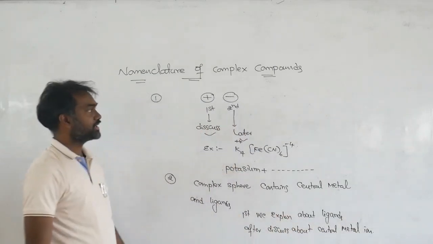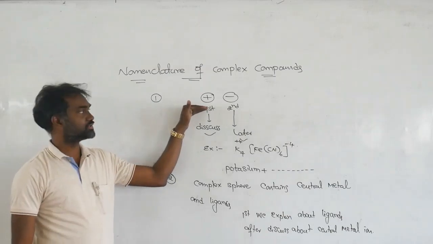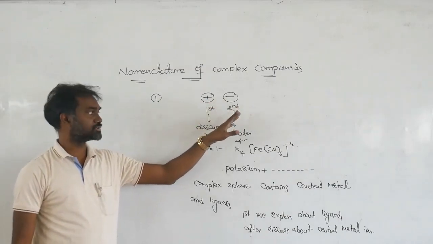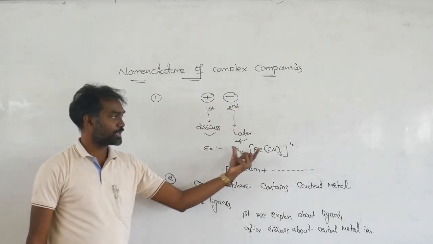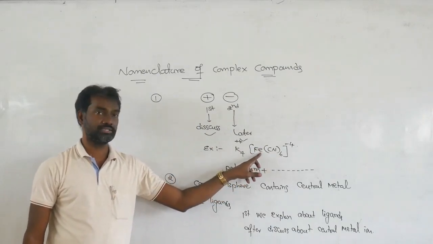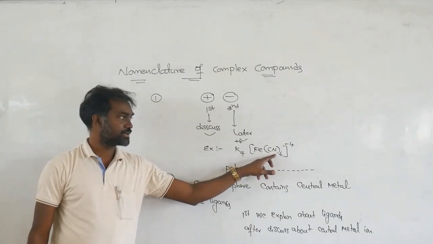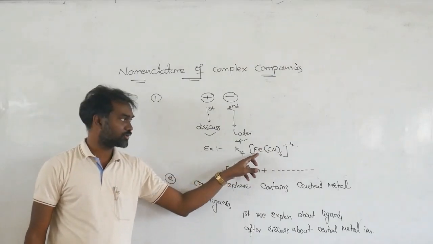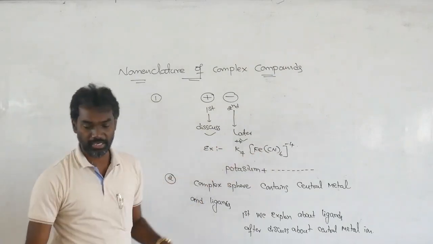So the first point is, first we discuss the positive charge, next the negative charge. In the complex sphere, ligands are there and the metal is there. First you must discuss the ligands, and after that only the metal.